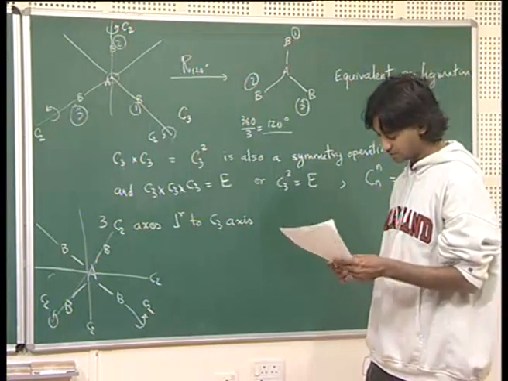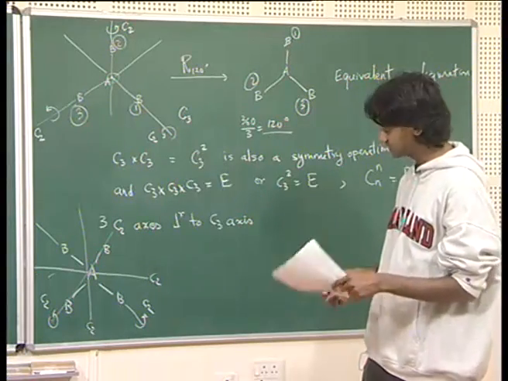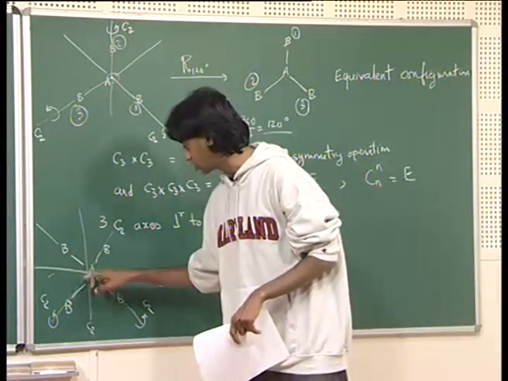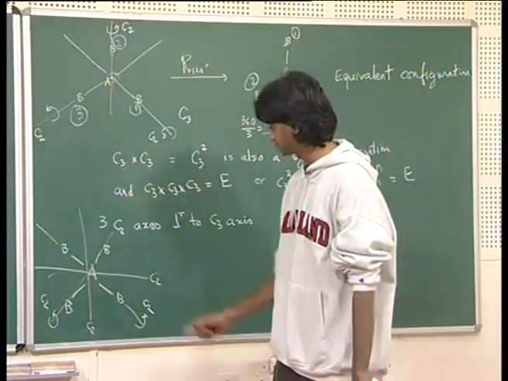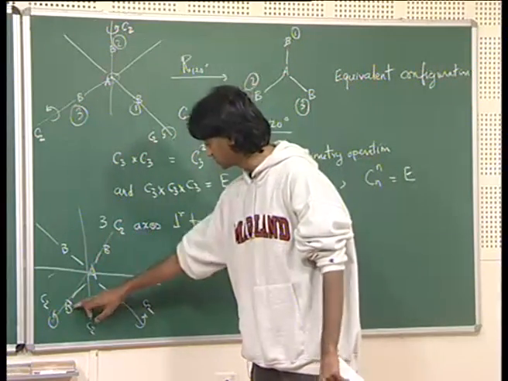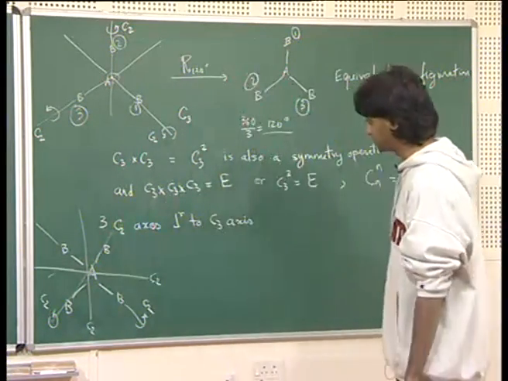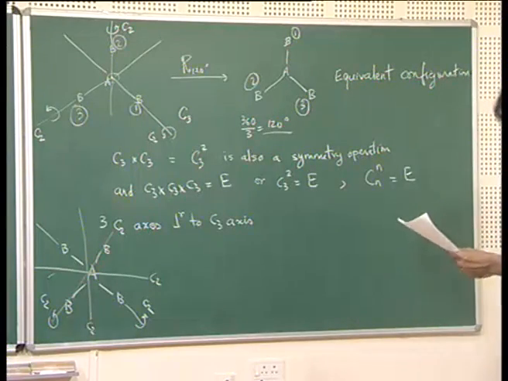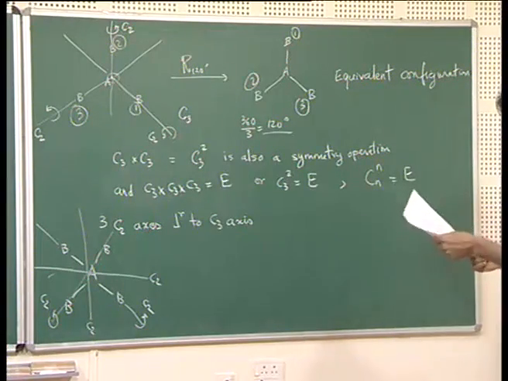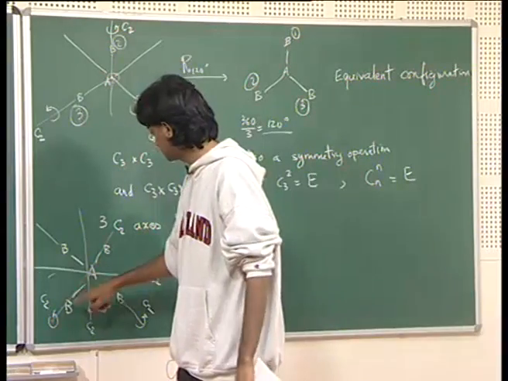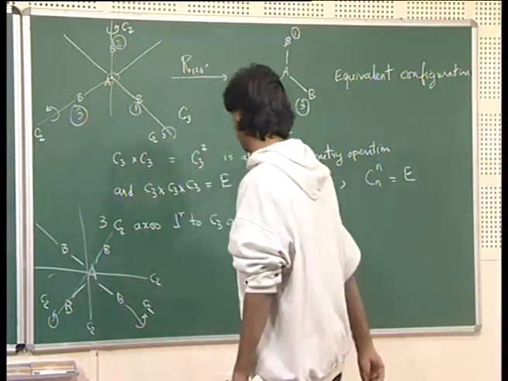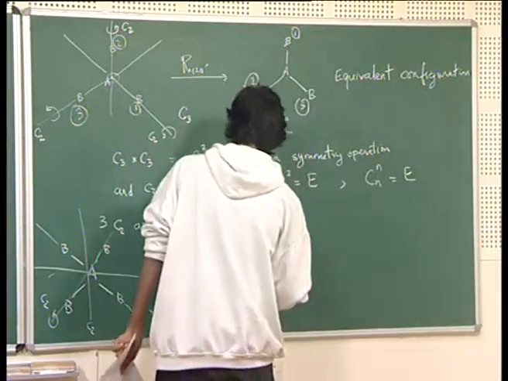We can say this in general. If you had an odd number, if we had a C5 axis, we would have generated 5 equivalent C2 axes.